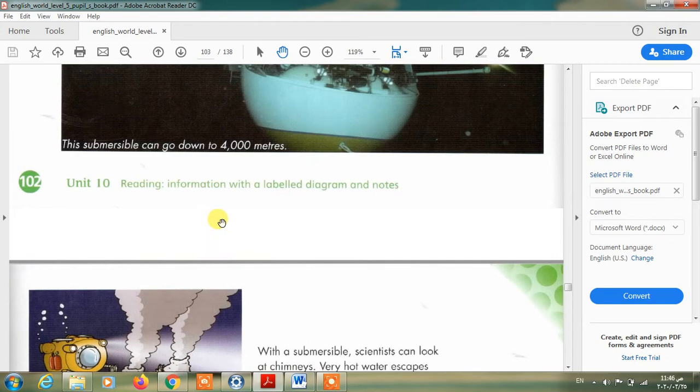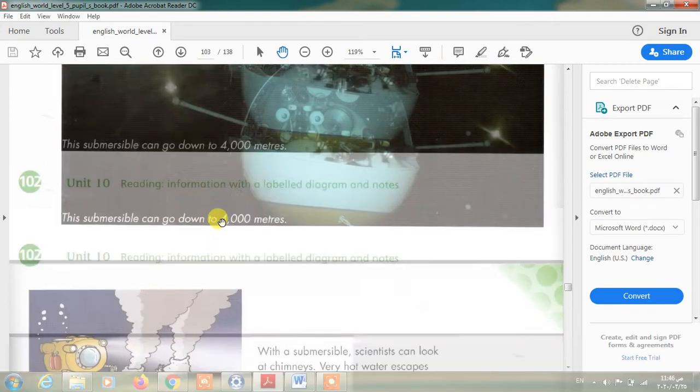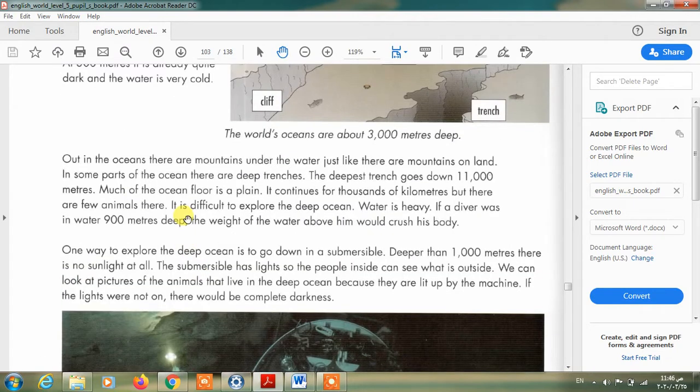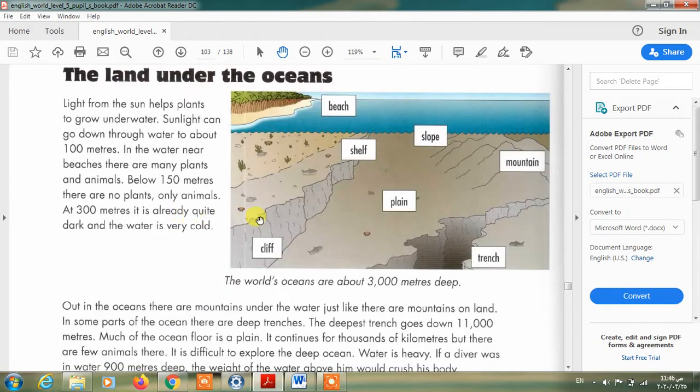Last time we talked about a labeled diagram about the land under the ocean. We explained that there are many kinds of land, like beach, shelf, slope, plain, and trench.